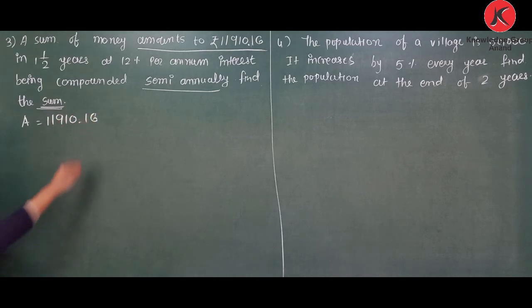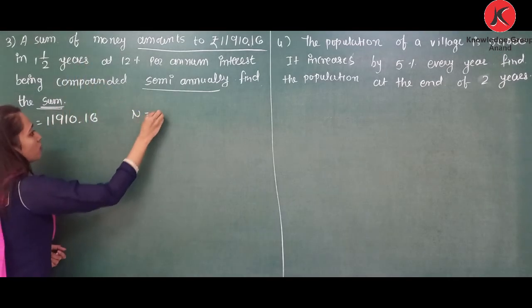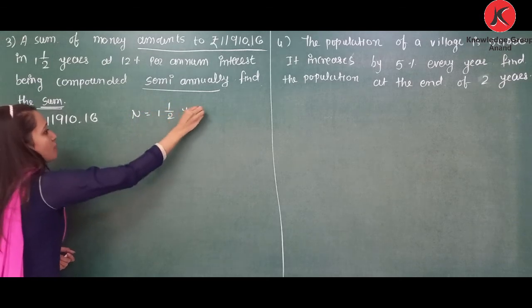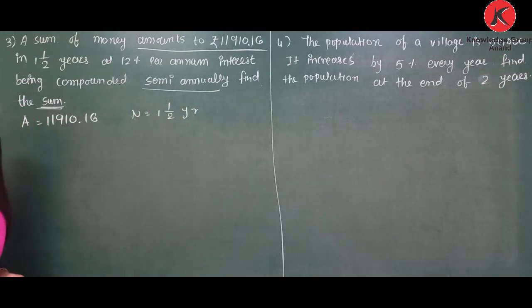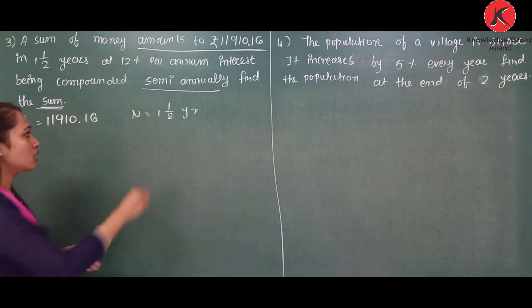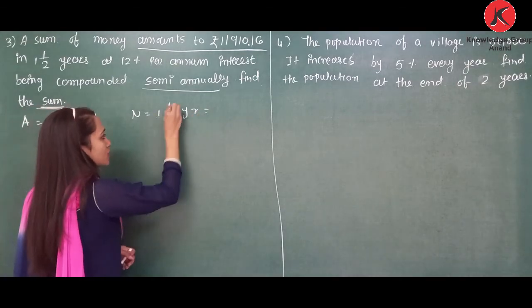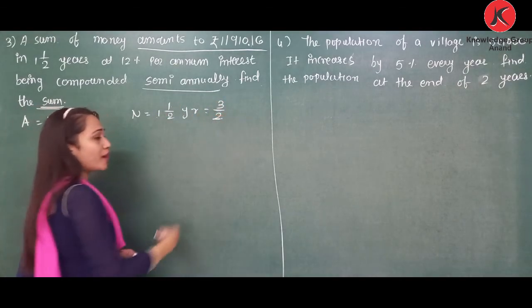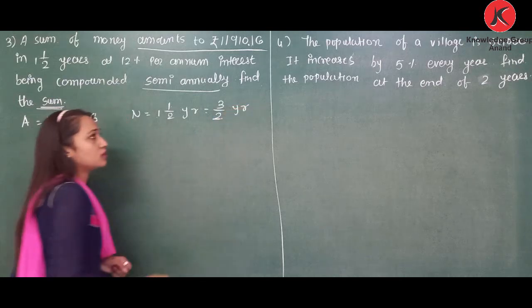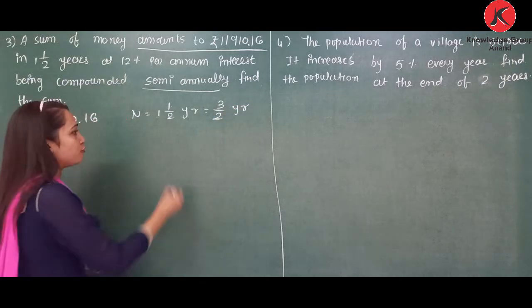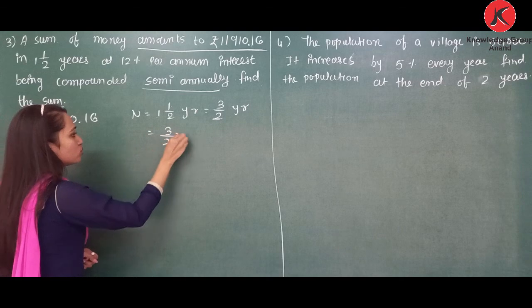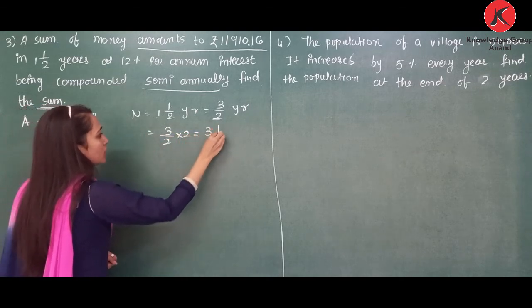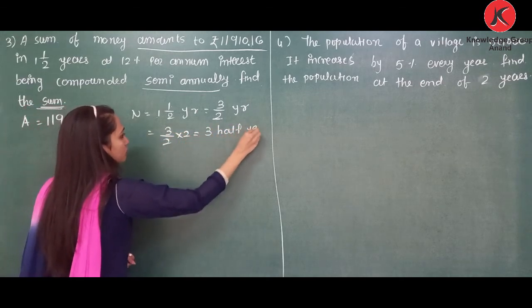So amount is given, 11910.60. N is what? 1.5 years, but it is semi-annual. Semi-annual means compounded half yearly. Here we can write it as 3/2 years. Now compounded half yearly means multiply by 2, so that is 3 half years.